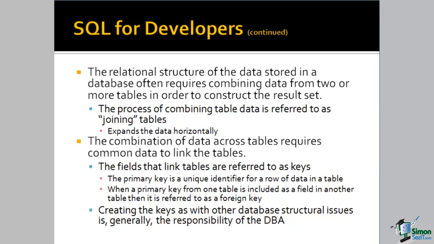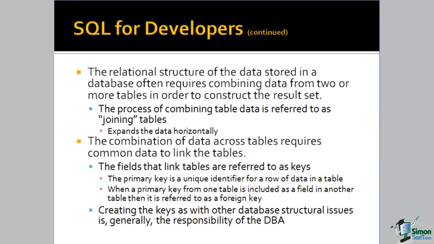When we're retrieving data from the database, we often need to retrieve data that exists in multiple tables. When this is necessary, we need a mechanism for combining that table data so that we can retrieve the data necessary to support the application.